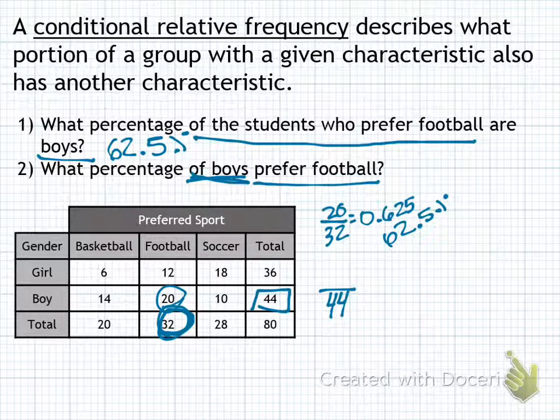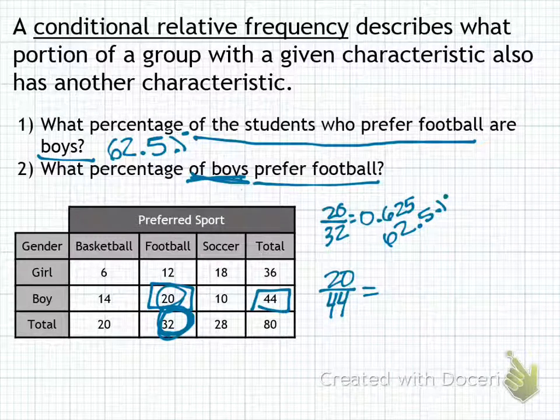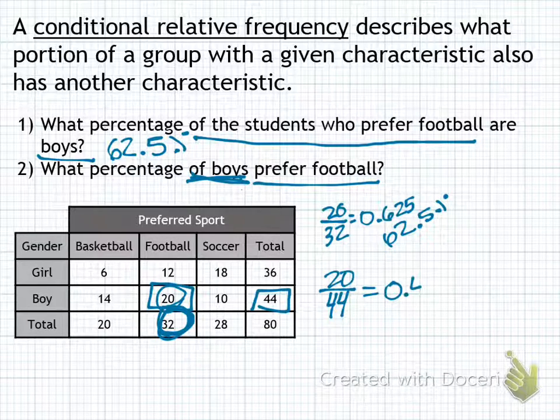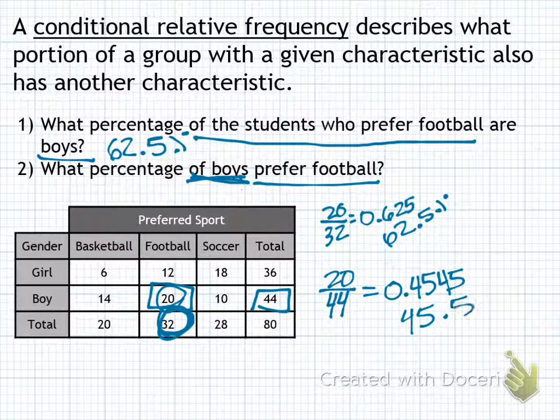And then what percentage of the boys prefer football? So I'm still looking at this 20 again. So 20 will go on top. That's going to give us 0.4545, or we could round this to 45.5%.